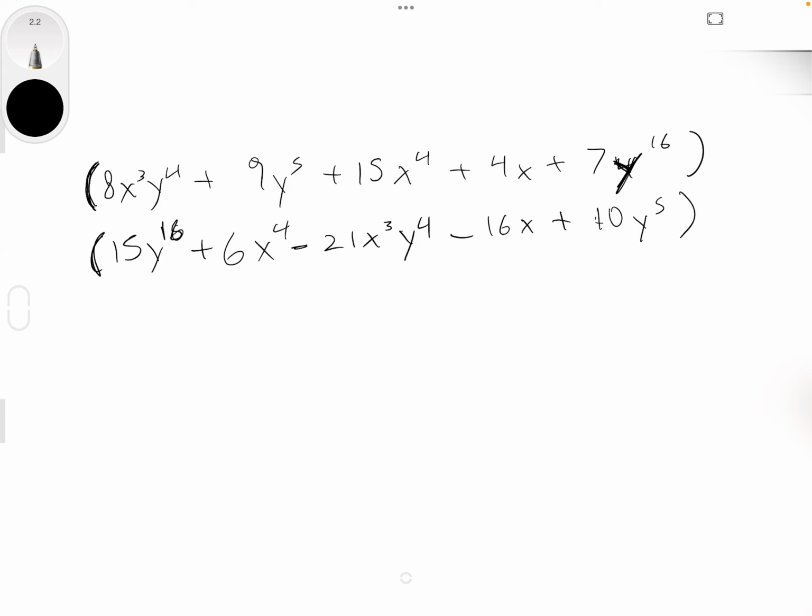Okay, now we can find like terms and add. We're adding these two just for the record.